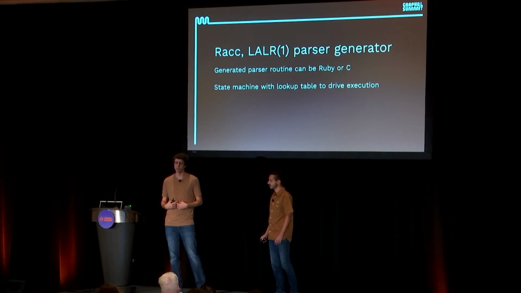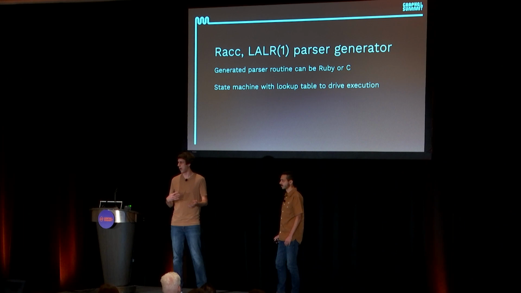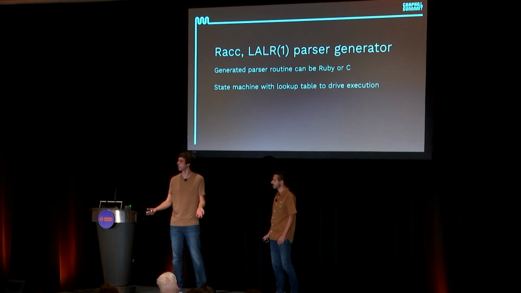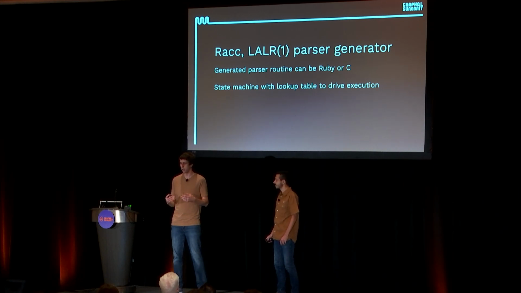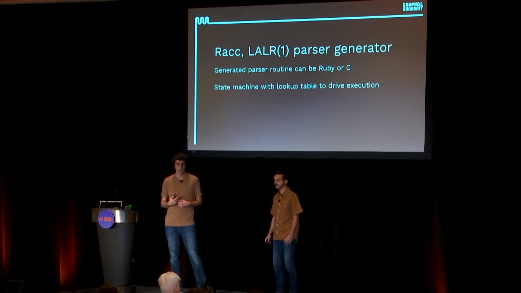You write a grammar for Racc, and Racc then compiles or makes a parser on your behalf. It makes a state machine with some idea of: do this action when I'm in this state. We have the option to look at a Ruby implementation that Racc makes on our behalf or a C-based implementation. So our first step was to compare these two options because these are very one-to-one comparisons.